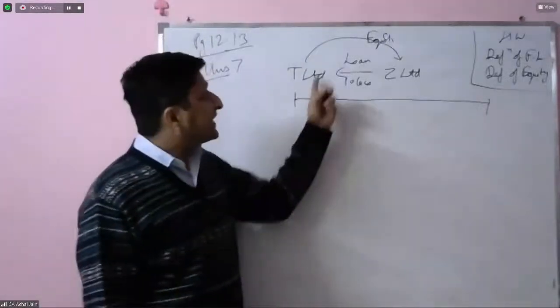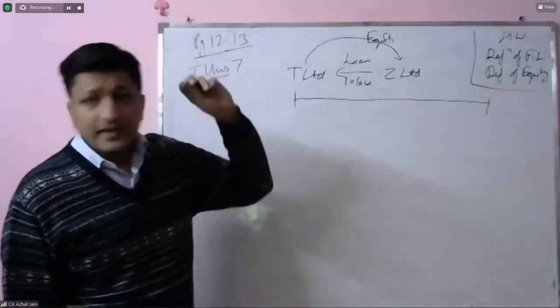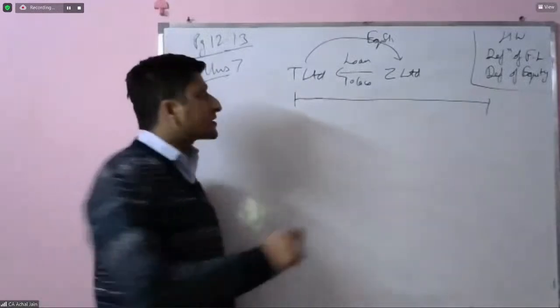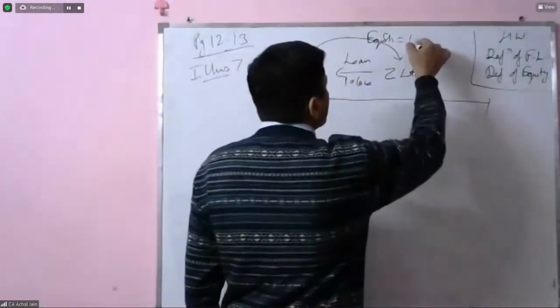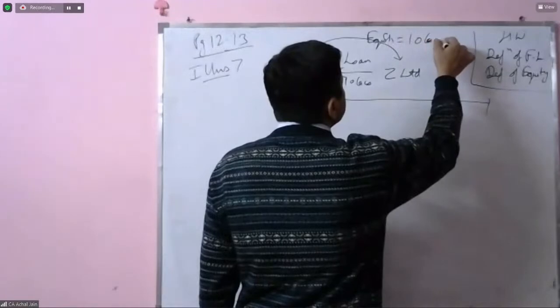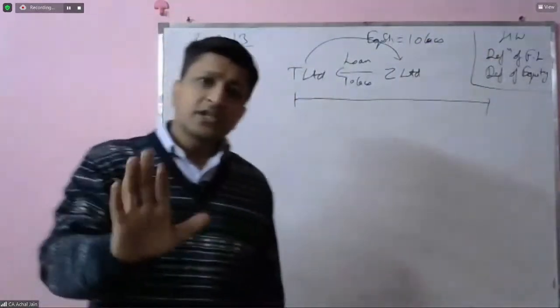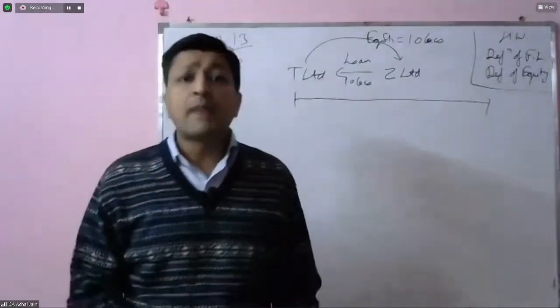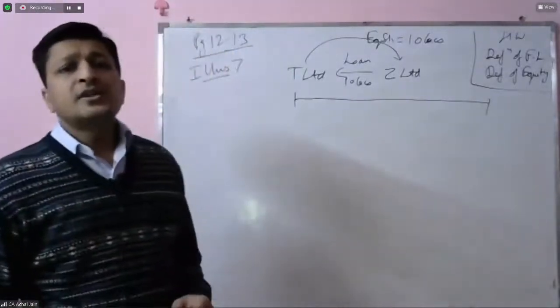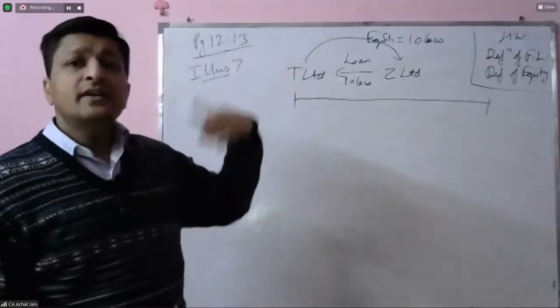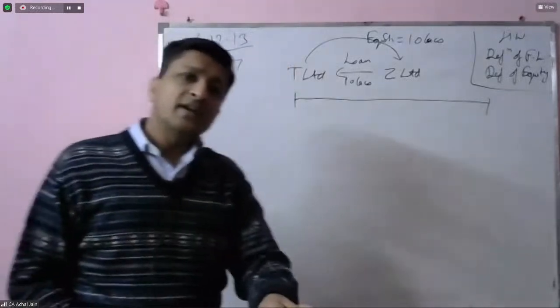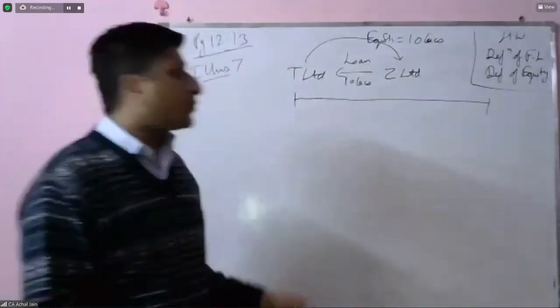Means when T Limited issues equity shares to Z Limited, its value is fixed. So equity shares will be issued equivalent to 10 lakhs. But the number of equity shares has not been decided today. It's been decided how the number will be computed.